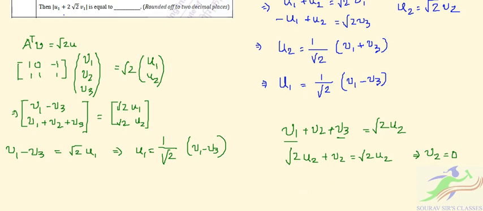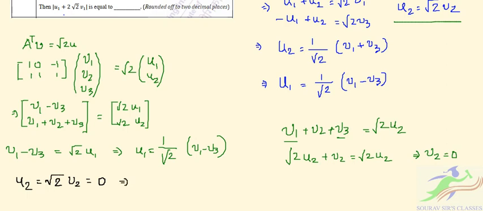Now we know that U2 is equal to root 2 V2, equal to 0, right?